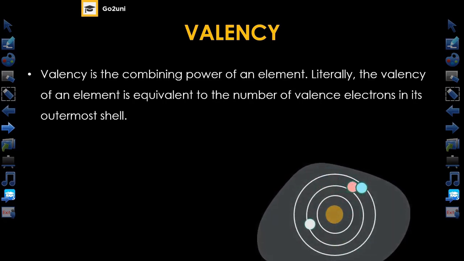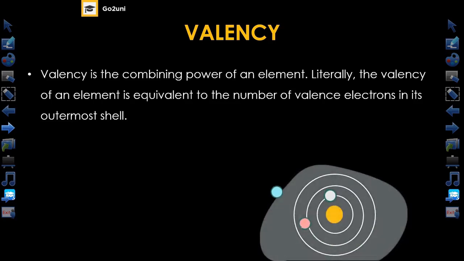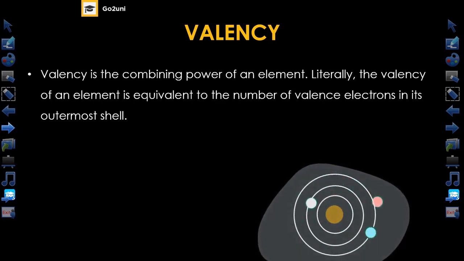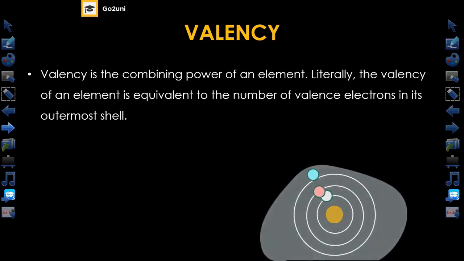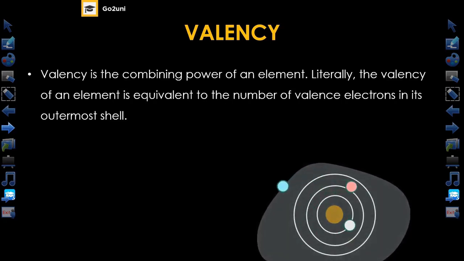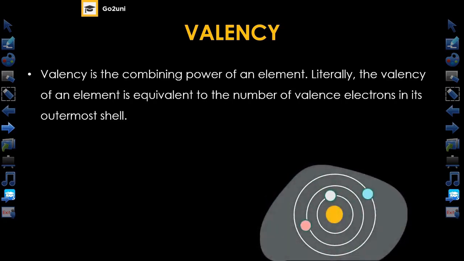Just like we can see in the animation on the screen, the number of electrons rolling through the shells, the last electron in the outermost shell of any element tells us the valency of that element. So valence electrons give us the valency of a given element.